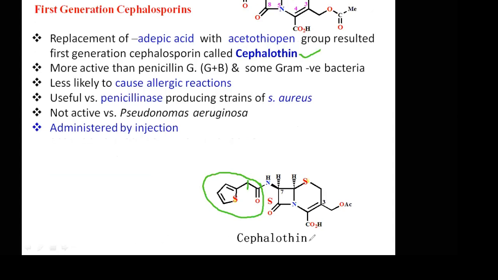It is cephalothin. Cephalothin is a drug where adipic acid has been replaced with a thiophene, acetothiophene group.